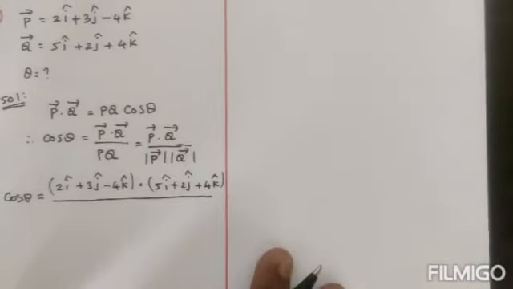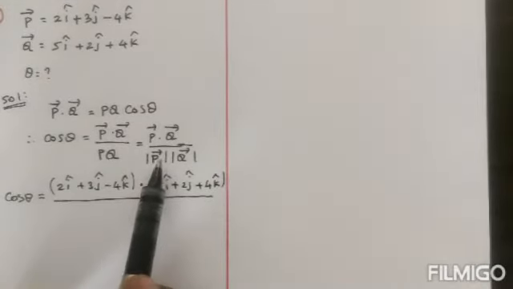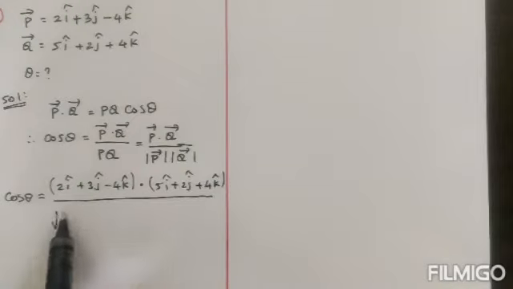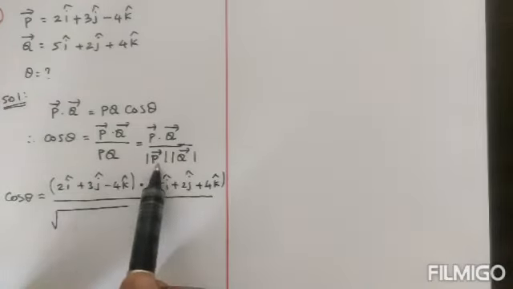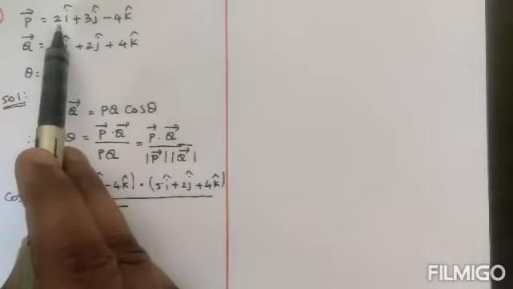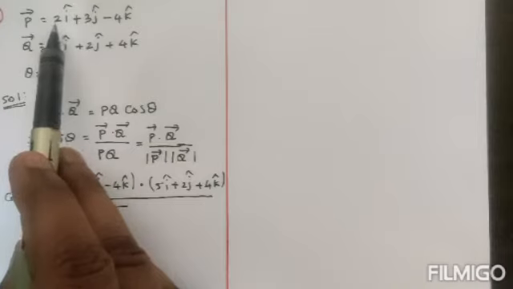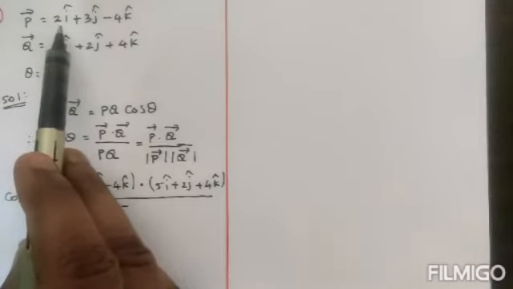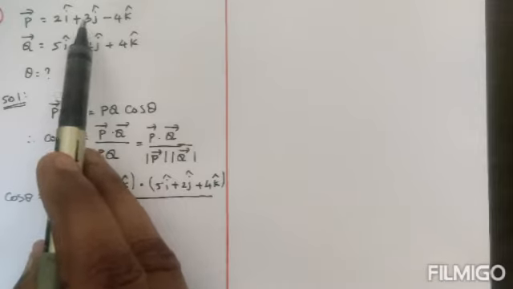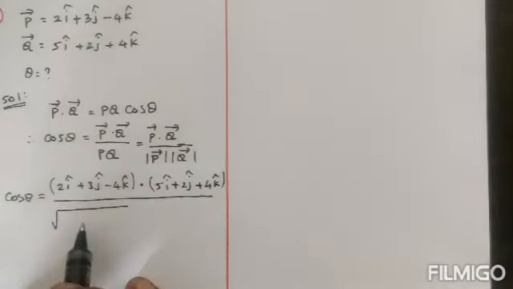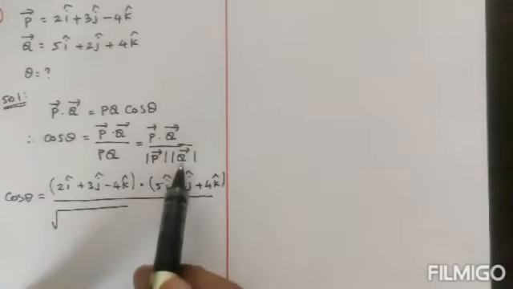To find the modulus, the procedure you know is the whole root of the addition of the squares of all the values. So the modulus of P vector is root of 2 squared plus 3 squared plus 4 squared.